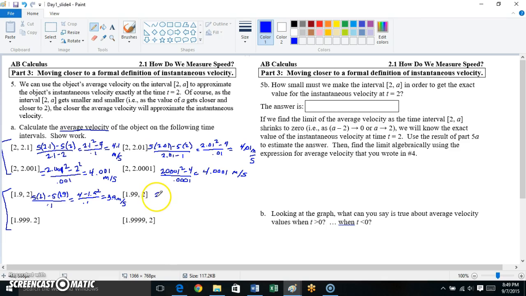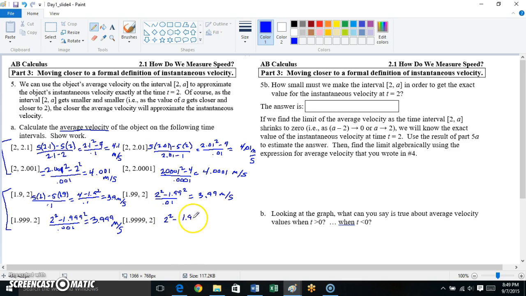The next interval from 1.99 to 2, 2 squared minus 1.99 squared over 0.01 is 3.99 meters per second. 2 squared minus 1.999 squared over 0.001 is 3.999 meters per second.